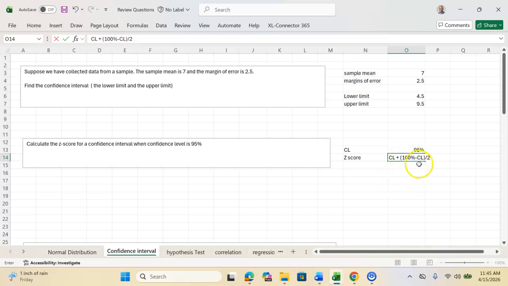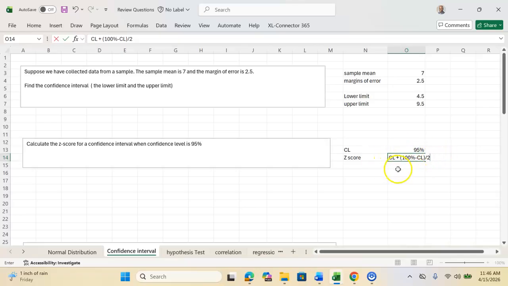So this means we are taking 100% minus the confidence level, which is the probability of the center when we consider the normal distribution. And then we take the probability at the center plus the probability of the left tail. So we have 100% minus 95, divided by 2.